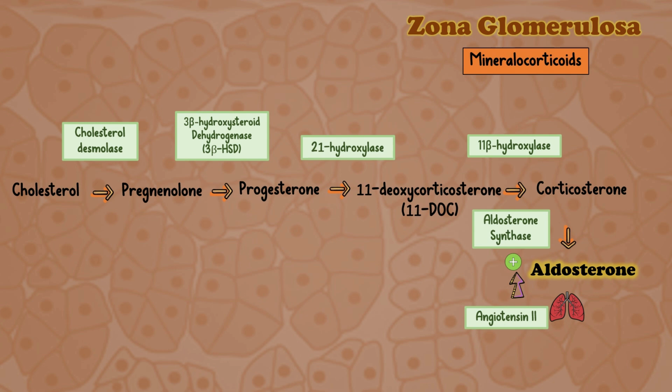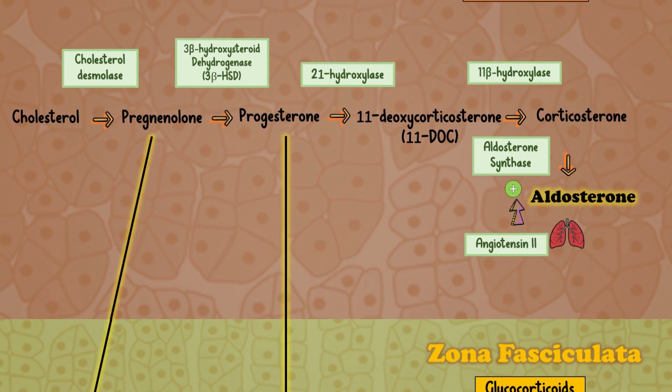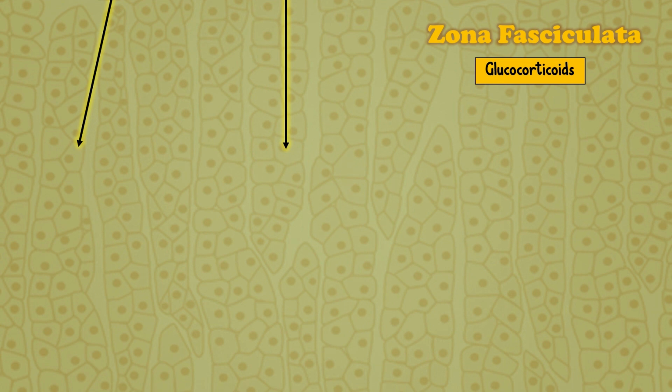What about the rest? How does it serve as a precursor for glucocorticoids? Well, pregnenolone and progesterone from zona glomerulosa enter into the middle layer, zona fasciculata.